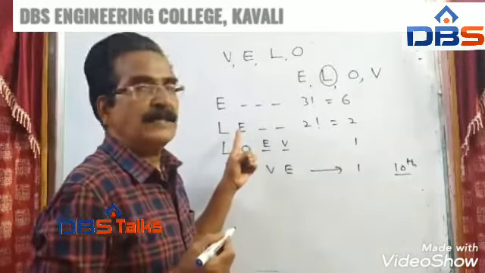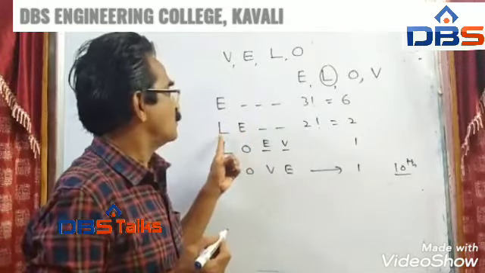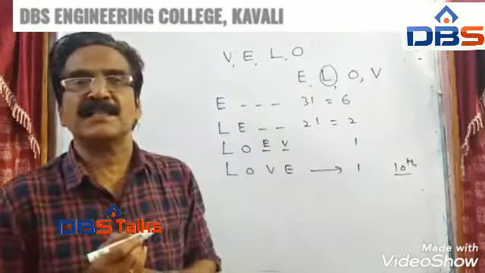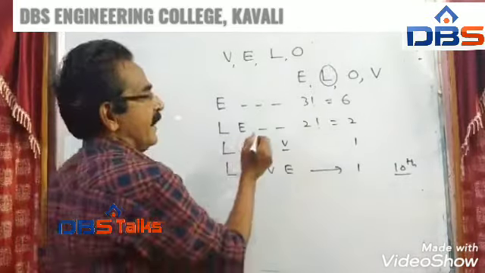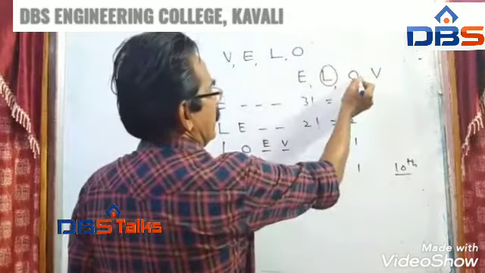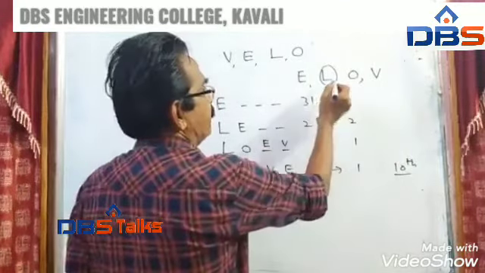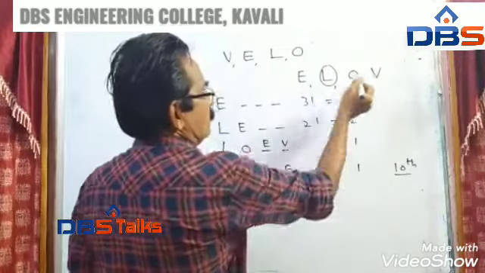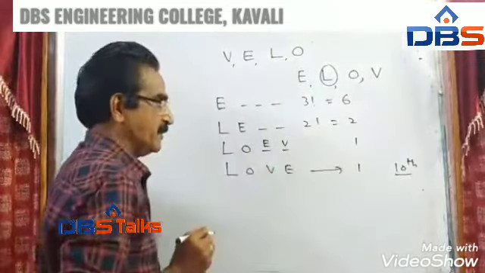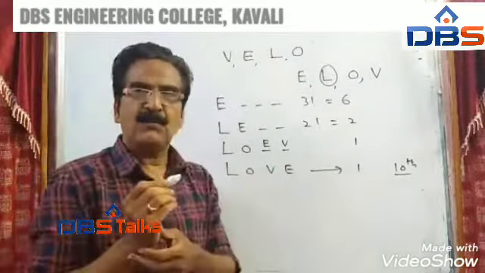We require the 10th rank. So we have to take the second letter also. So the first two letters are fixed LE. And the next two blanks can be filled with the remaining V and O in 2 factorial ways, that is 2 ways. LE is over.